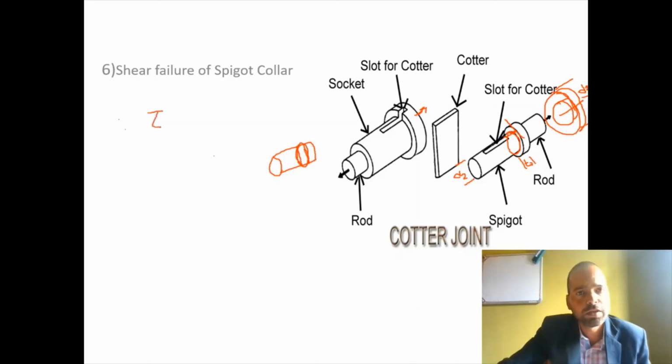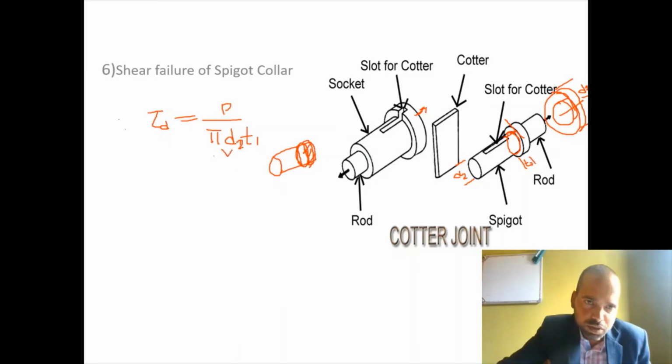So shear failure of spigot collar, which shear is this? It is again a direct shear, then applied force divided by the shear area. So how much is shear area? If the collar surface was available here, the circumference of that collar is equal to pi into D2 into T1.